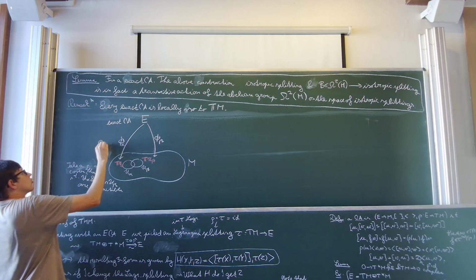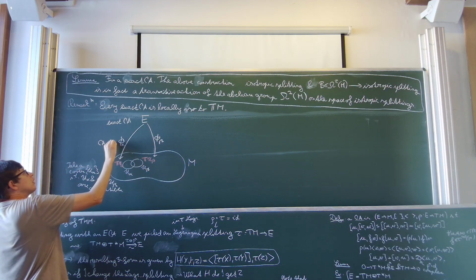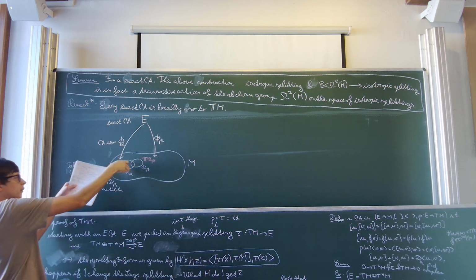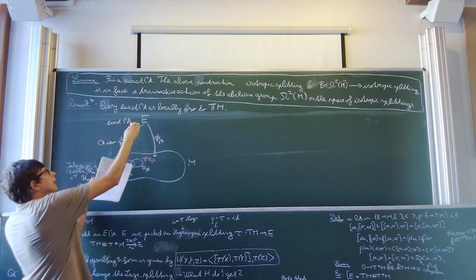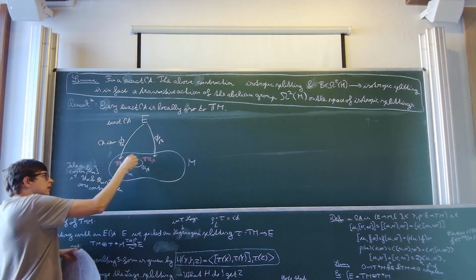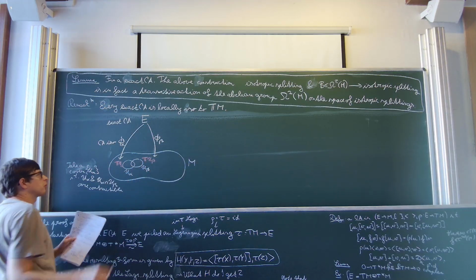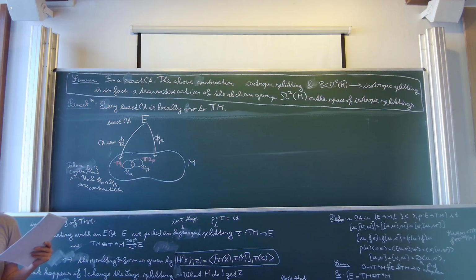So this is a Courant algebroid isomorphism between E restricted onto the open set and this one. And here it's an isomorphism between E restricted to this open set and this standard Courant algebroid. Good.